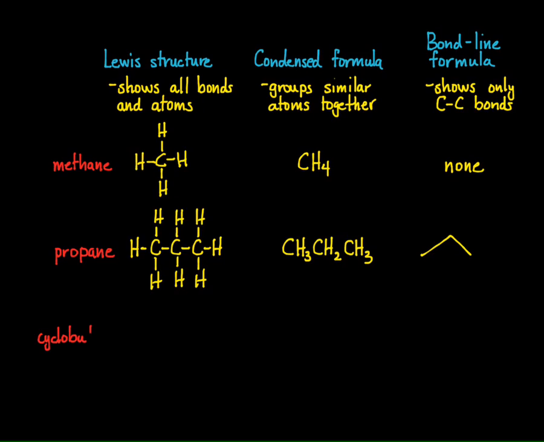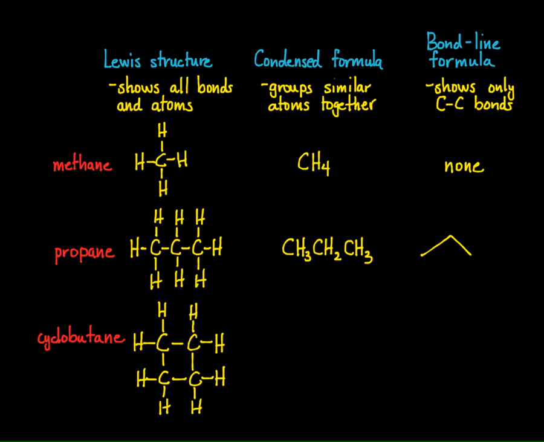Let's take a look at another structure of a cycloalkane, and we'll take a look at cyclobutane. So butane, we'll learn, is 4 carbons, and cyclobutane is simply 4 carbons that are in a ring. And the Lewis structure looks like this. So there are the 4 carbons in the ring, and there are hydrogens attached to it.